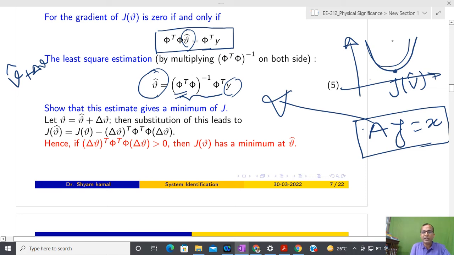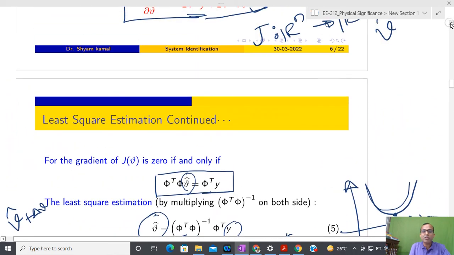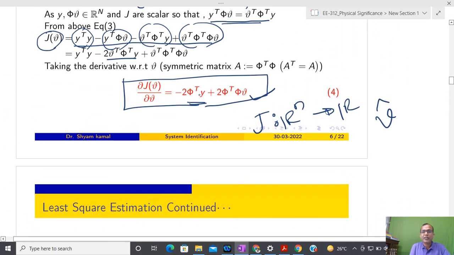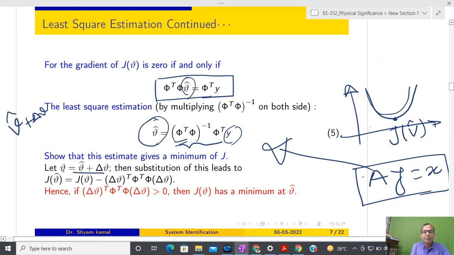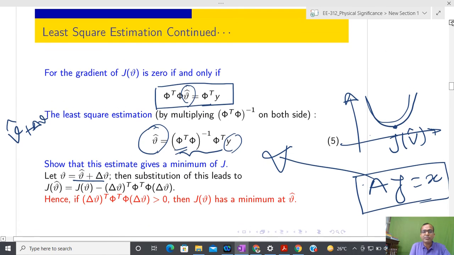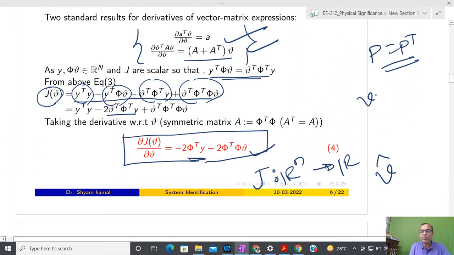It is not difficult to verify. What you can do is substitute, in place of V in this expression, V bar, like this: V minus delta V. So I am substituting nu new, so nu equal to nu cap plus delta V, in this expression.